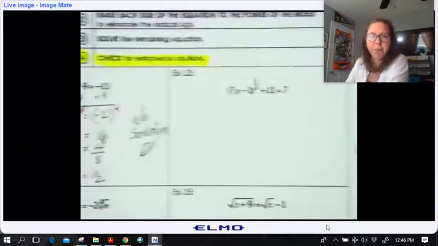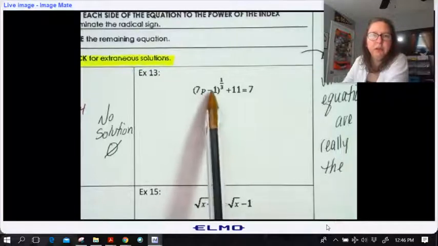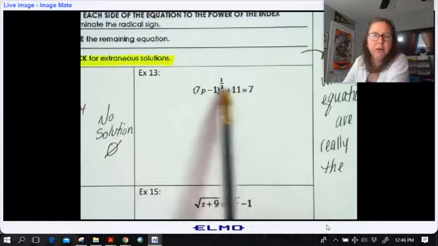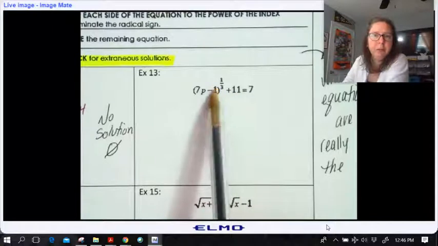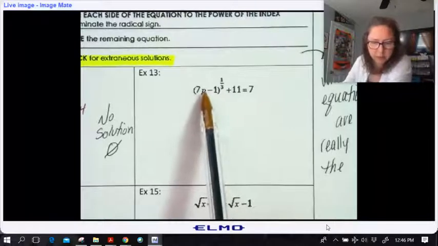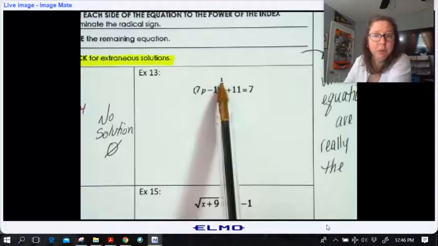All right, number 13. So the first thing that I want to do is subtract the 11. Then I can write this as a radical, or I'll show you how to deal with it as the exponent that it is.